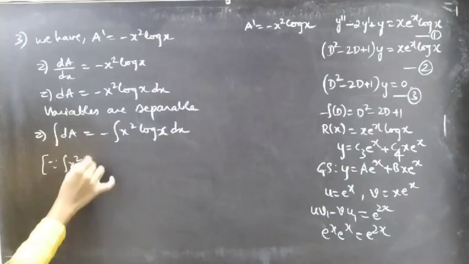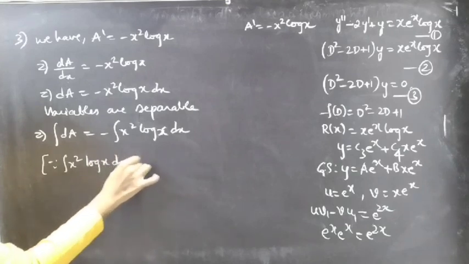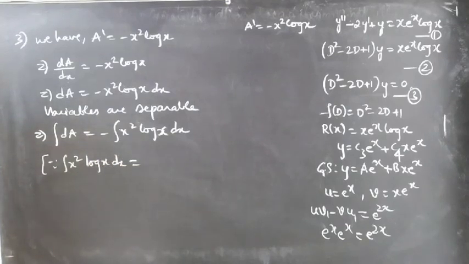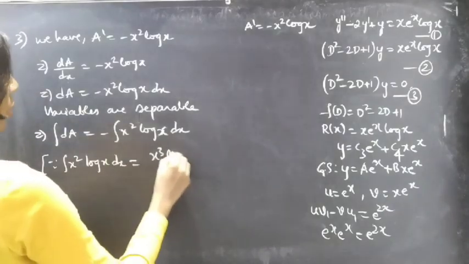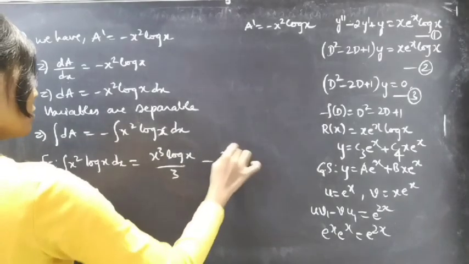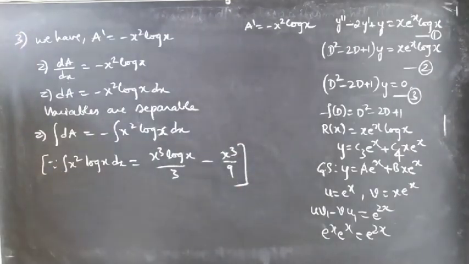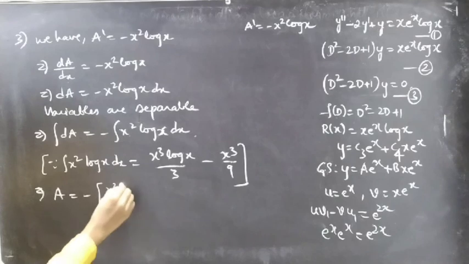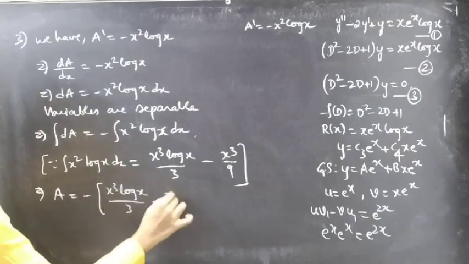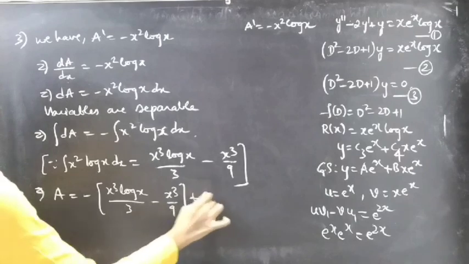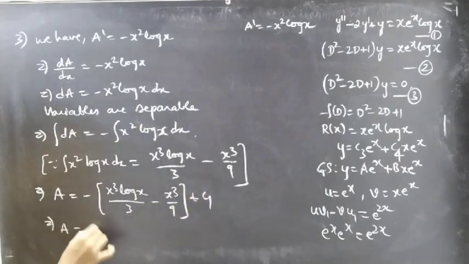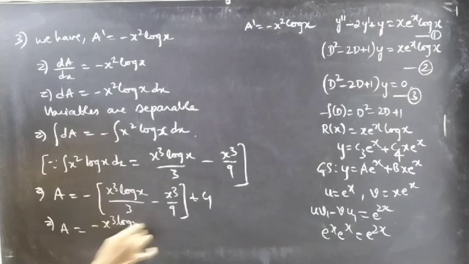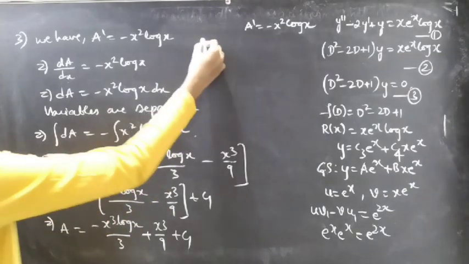Since integral x square log x dx equals x cube log x by 3 minus x cube by 9, the above equation becomes integral dA, that is a, equals minus of integral x square log x dx, which is x cube log x by 3 minus x cube by 9, plus c1. This gives us a equals minus x cube log x by 3 plus x cube by 9 plus c1. We got a.